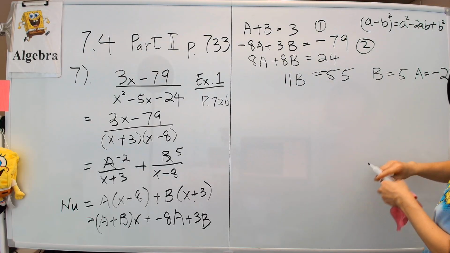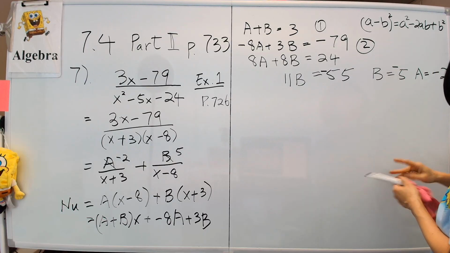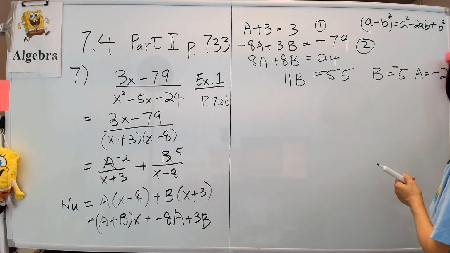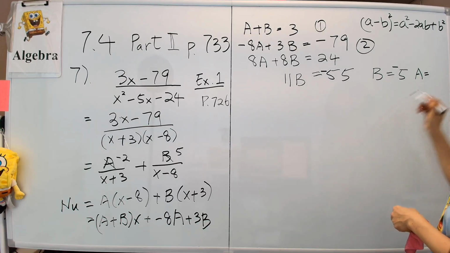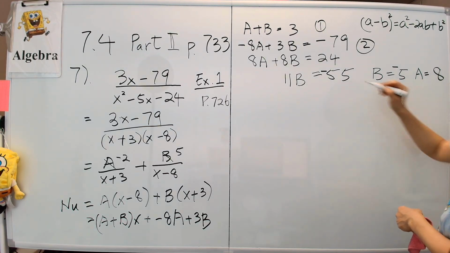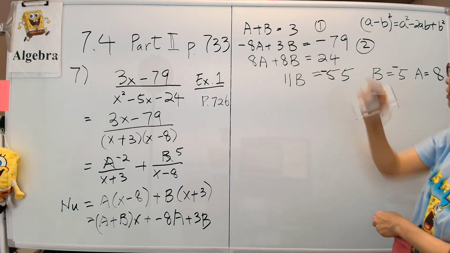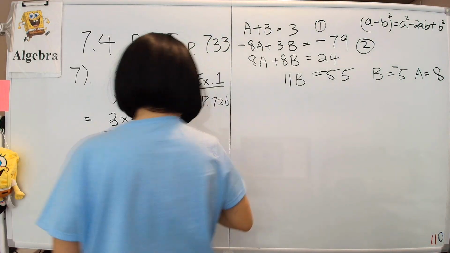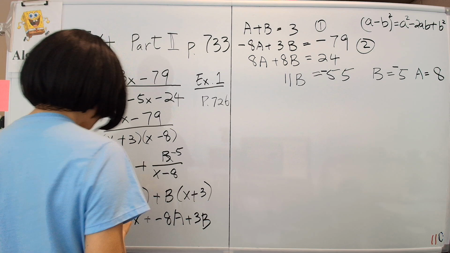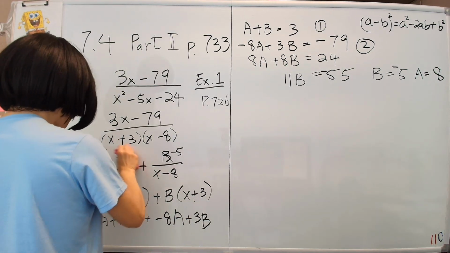So b is minus 5. If b is minus 5, then a is equal to something else. Moving b over here, 3 plus 5 equals 8. So b is minus 5, and that means a equals 8.